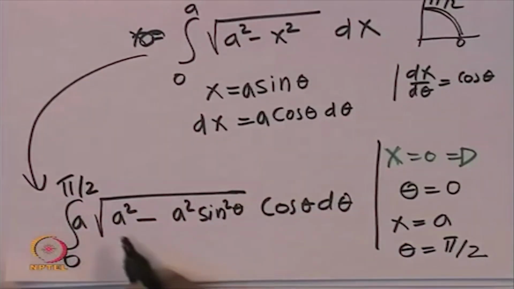Now think about what we have here. You have an a square common, so I can take a square outside. Root of a square is a.